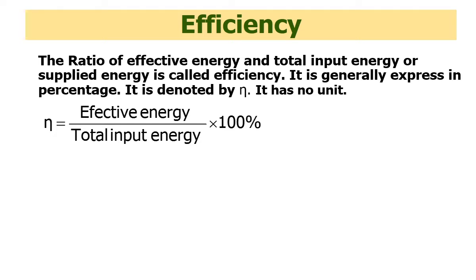The formula to calculate the efficiency of an engine is eta equals effective energy divided by total input energy. Effective energy means the energy which is obtained from the engine. If we give 100 joule energy to an engine, then the engine will not give back 100 joule energy due to friction.